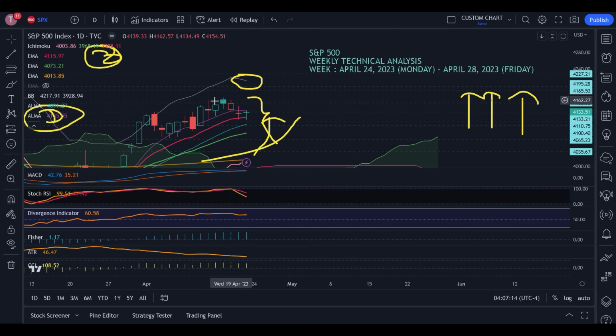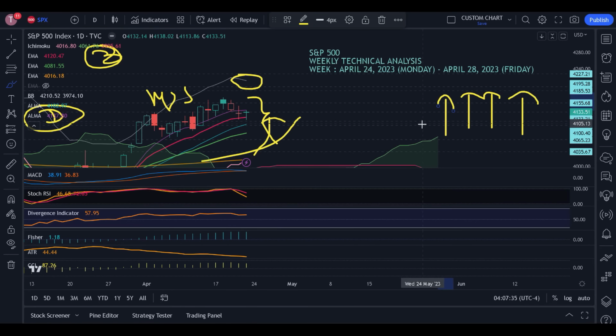Now let's see what is happening in other technical indicators. For now, the MACD is more than the signal. The MACD is almost 39 and the signal is 37. This means that the S&P 500 is bullish through the MACD. Remember, MACD is moving average convergence divergence.